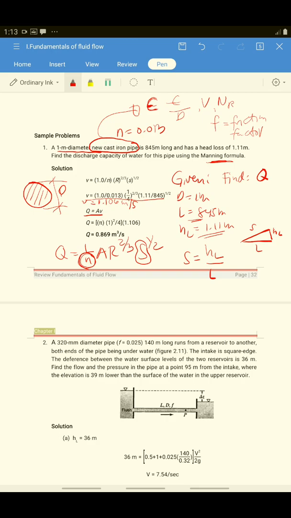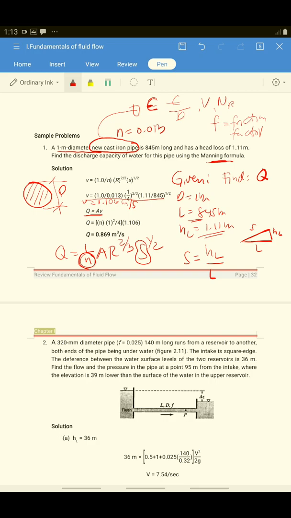If it is not emphasized that we are going to use Manning's formula, it means that you can determine the value depending upon the given, no?